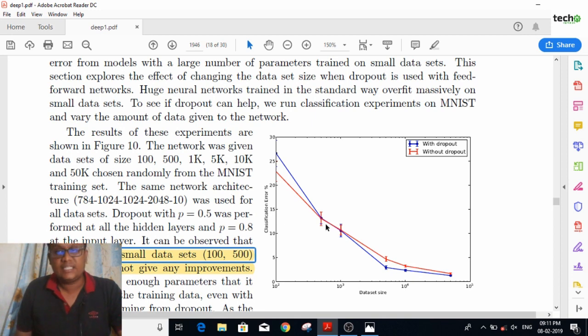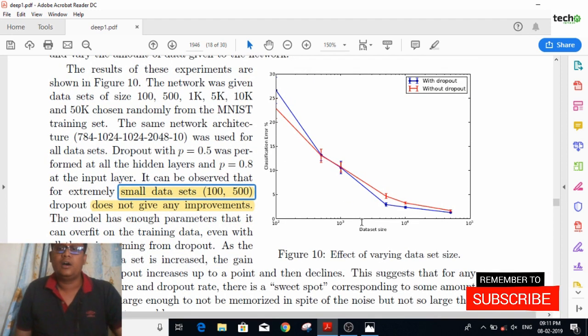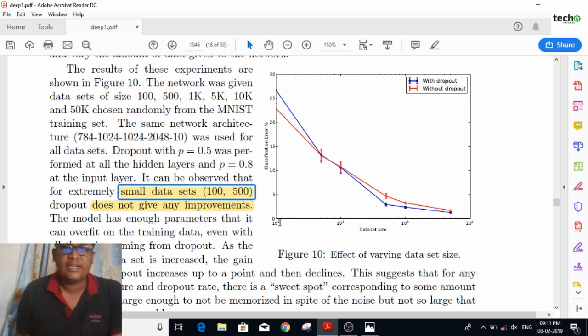If you have larger data sets, you can have improvements. For a data set of 10 raised to 2, the error rate was 25. If the data set is increased to 10 raised to 3, the error rate is considerably reduced from 25 to around 12%. You can see this graph.